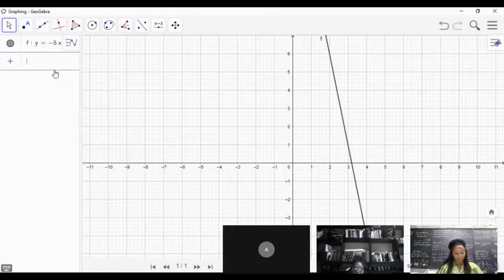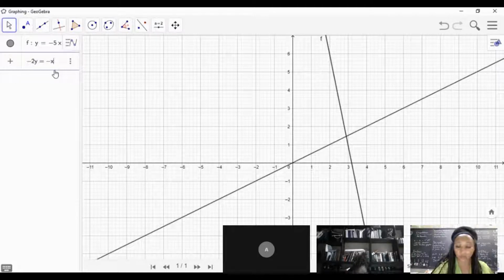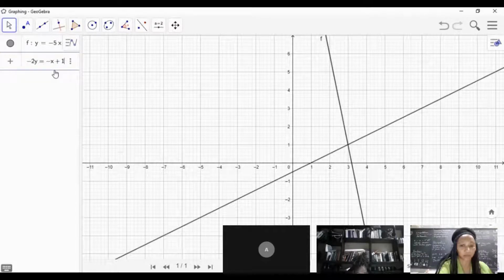And that other line is negative 2y is equal to negative x plus 1. All right, so this is the first function, y equals negative 5x plus 16.